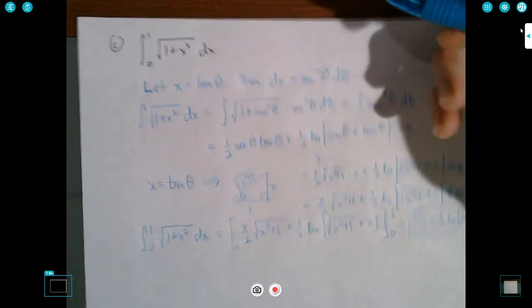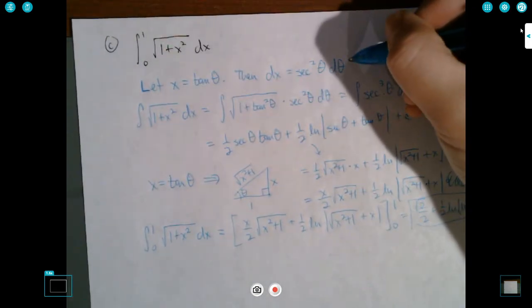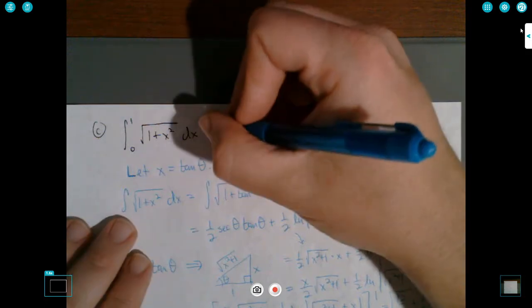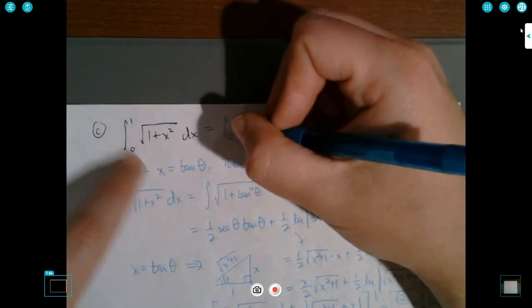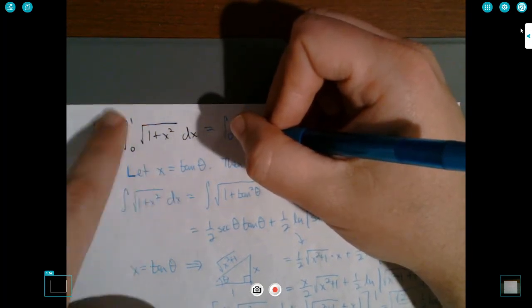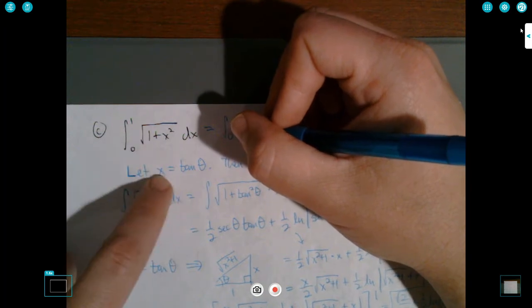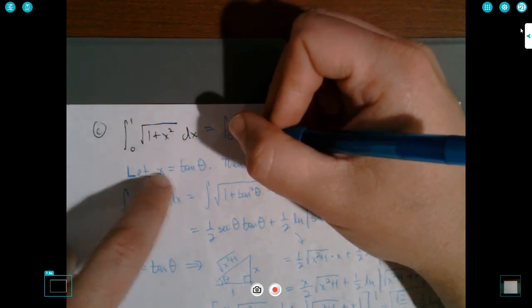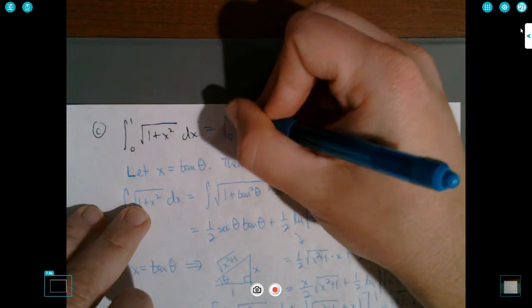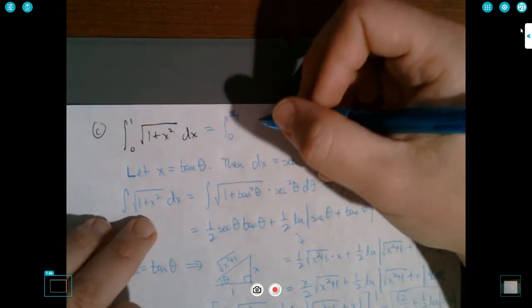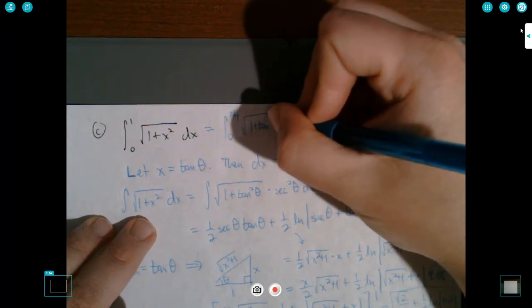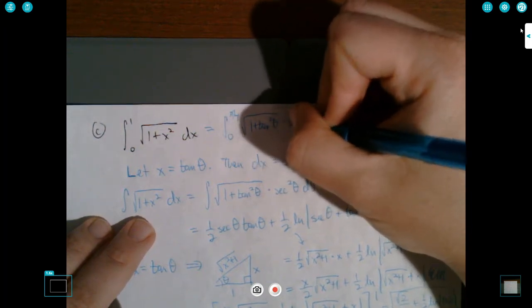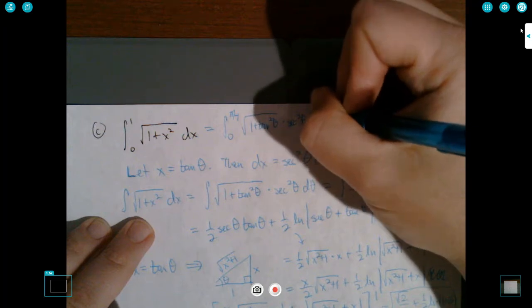As I said, from here, when you do the substitutions, you could just change the limits. So when x is 0, tangent theta is 0. When x is 1, theta would have to be pi over 4. So you could do it this way.